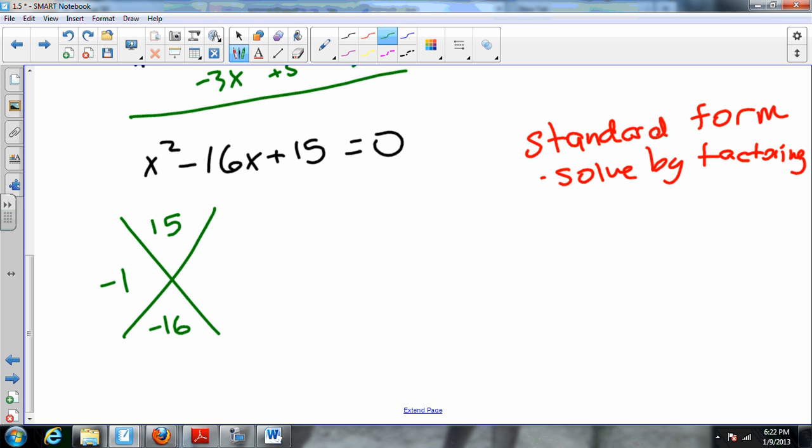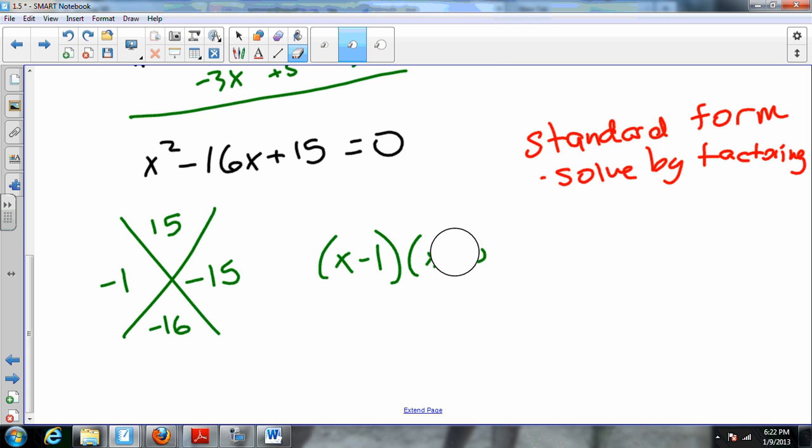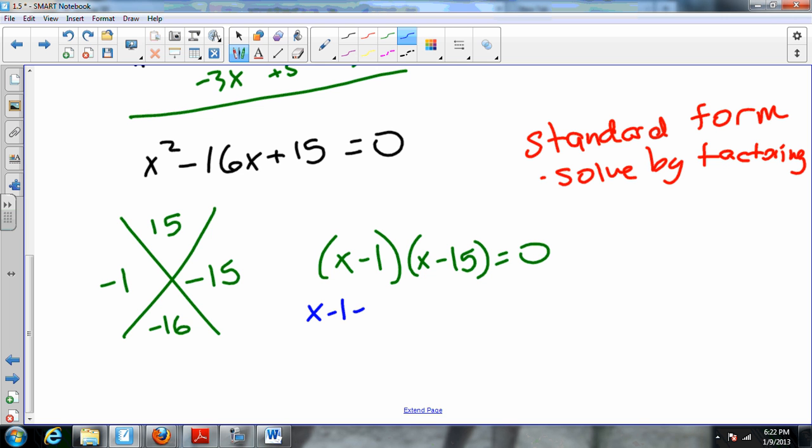So it would be a negative 1 and a negative 15. X minus 1 and x minus 15 equals 0. And we learned to set both equal to 0. And we get x equals 1 and 15.